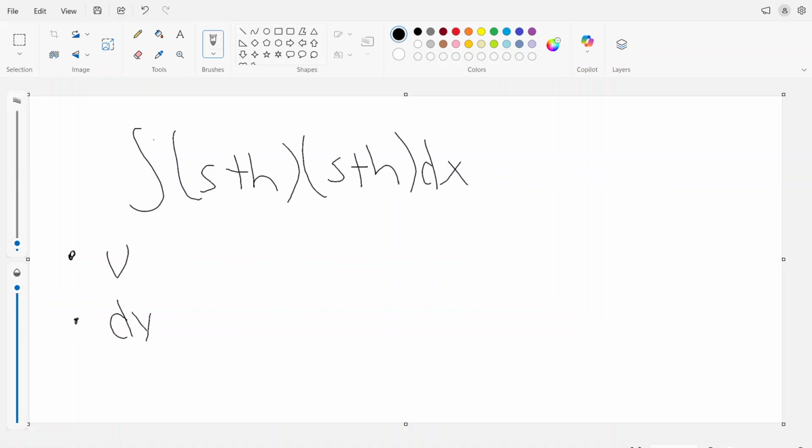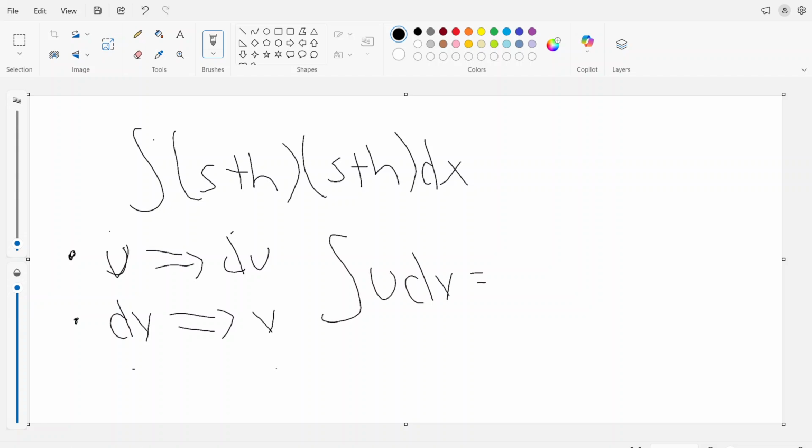And then what we do is we differentiate u, so it becomes du, and we integrate dv, so it becomes v. And then once we have these four components, 1, 2, 3, 4, we can plug them into our formula of uv minus the integral of v du.